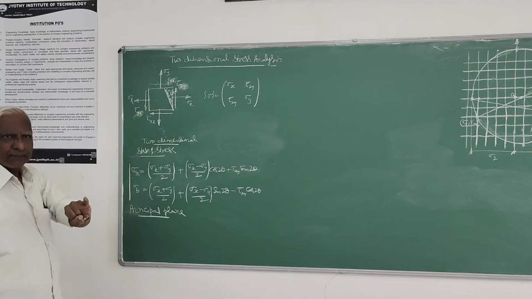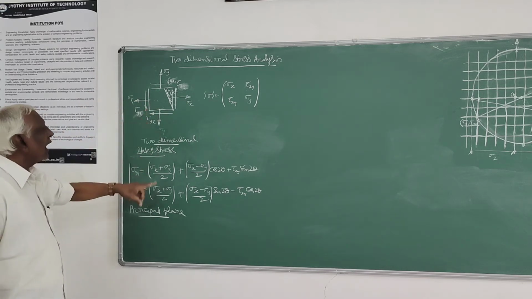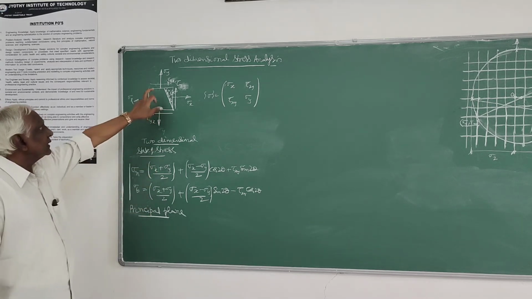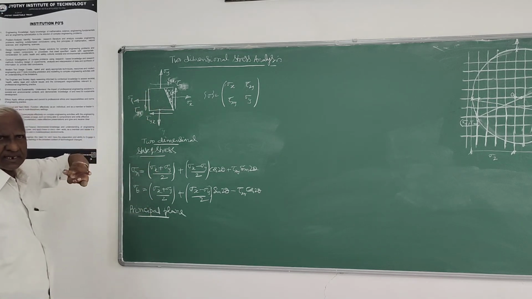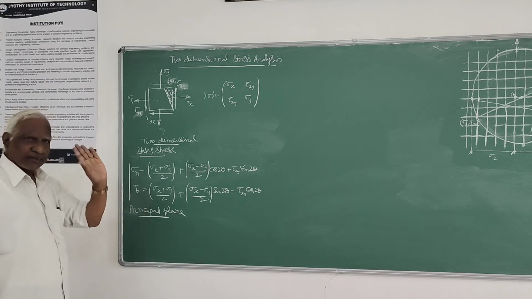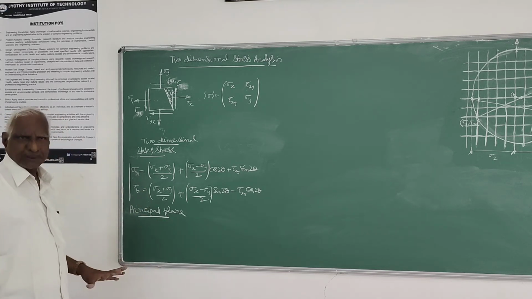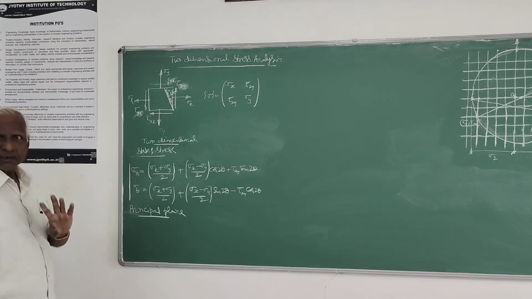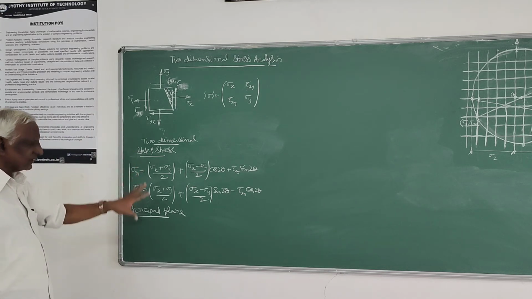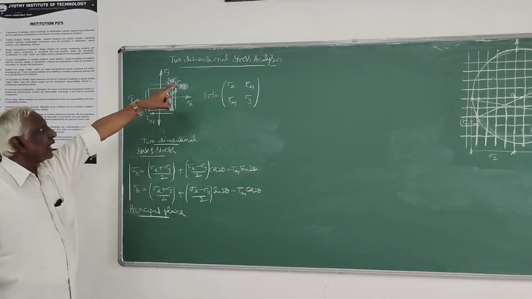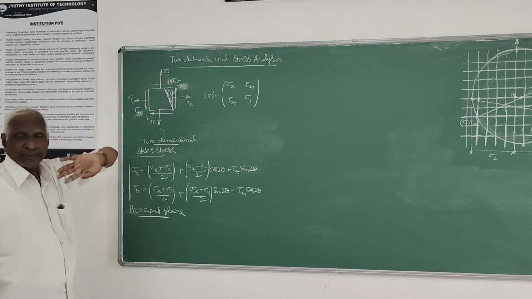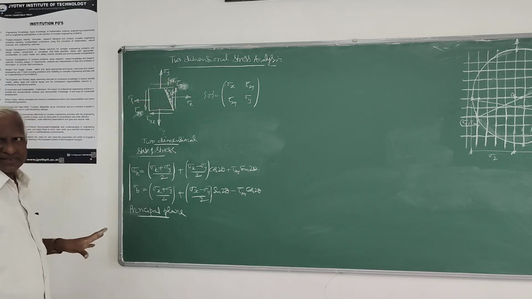That is one type of problem. Another type of problem in the two-dimensional state of stress analysis is to evaluate what is known as principal plane and principal stress and maximum shear stress. These are the things which you have to arrive at in the two-dimensional stress analysis.